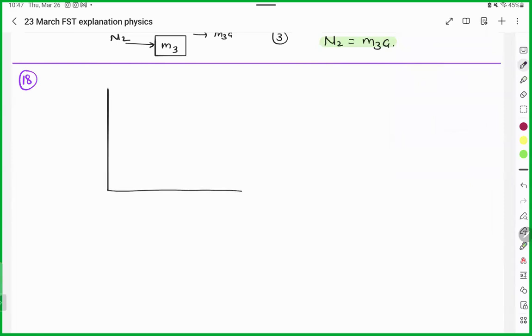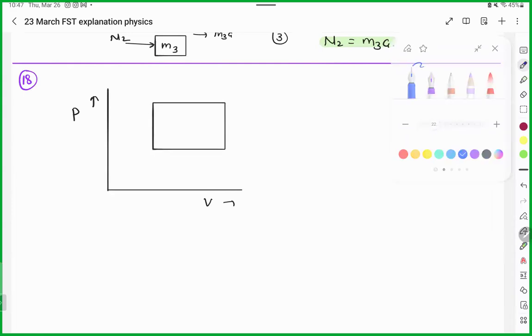Any graph of PV, for example, this is pressure, this is volume, and you have any graph of this kind. Okay, so what we get is like this, ABC. I'm not solving the question, I am telling you the basic things. Example, from A to D, what is happening?